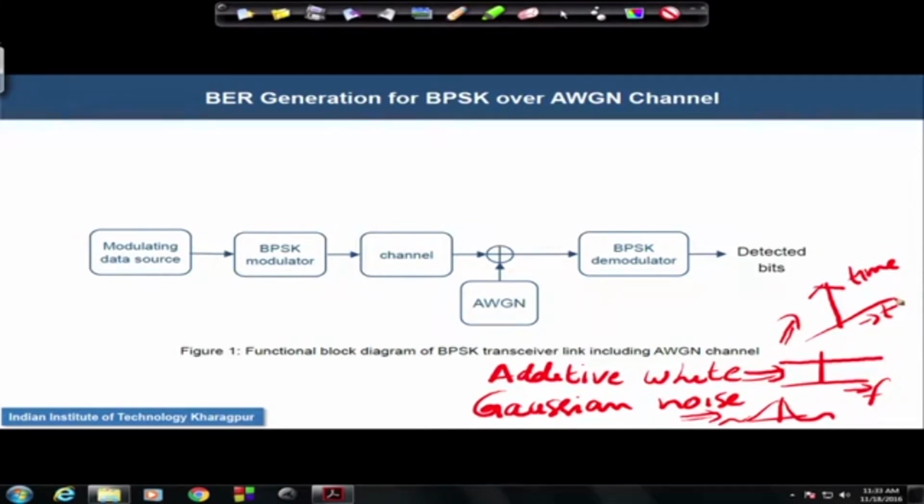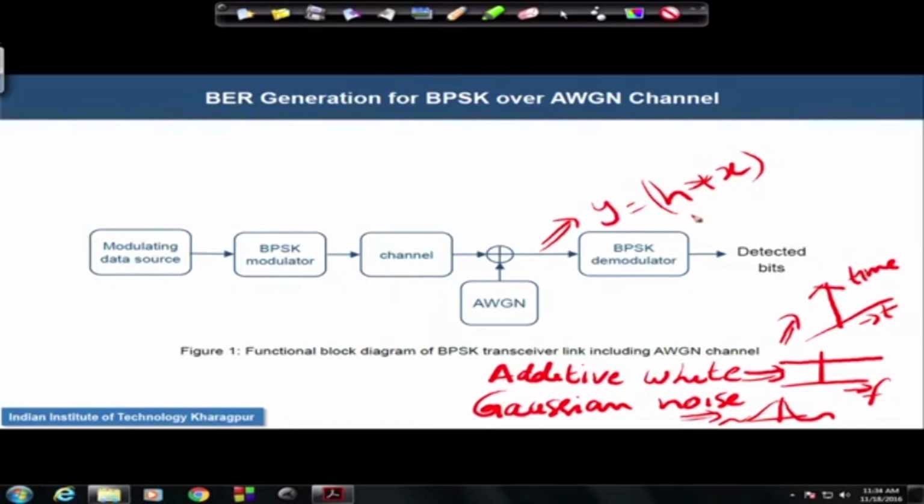Channel is nothing but a filter with some tap coefficients. In the time domain, the response of the channel is nothing but one filter tap coefficient. If you convolve this channel response with the transmitted BPSK signal, suppose y equal to h convolved with x, where x is the transmitted signal.